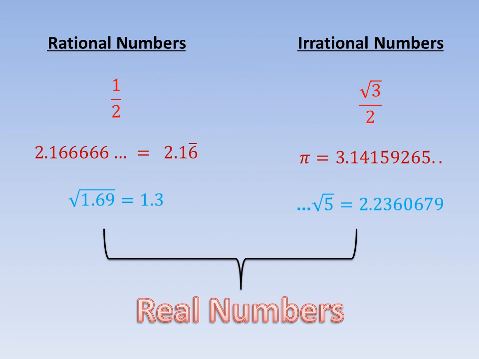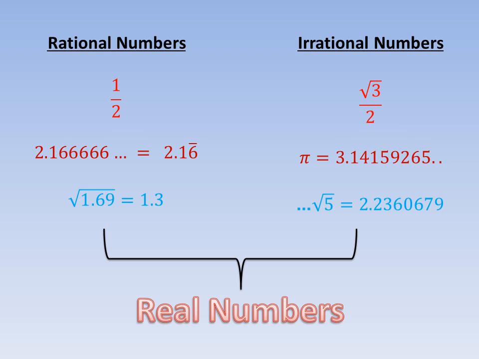If we make a comparison between rational numbers and irrational numbers, we see that, as an example, the fractional number 1 by 2 is the ratio of two integers, 1 is an integer and 2 is also an integer.